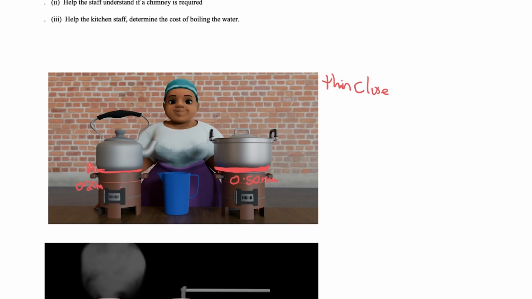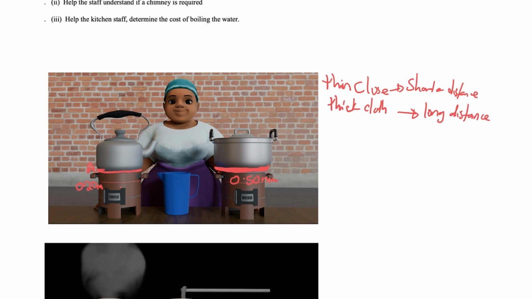A thick cloth will not make you burnt easily. Why? This is because heat has to travel a longer distance in a thick cloth. So, in a thin cloth, the heat travels a shorter distance, while in a thick cloth, the heat travels a longer distance.